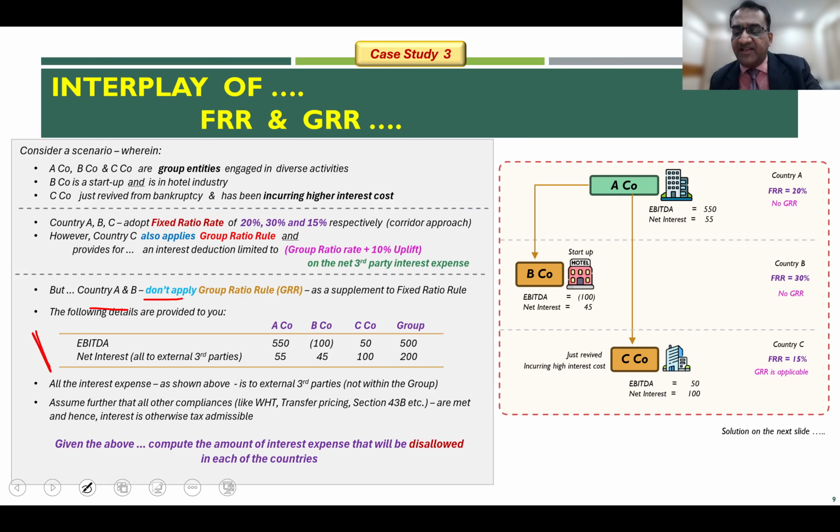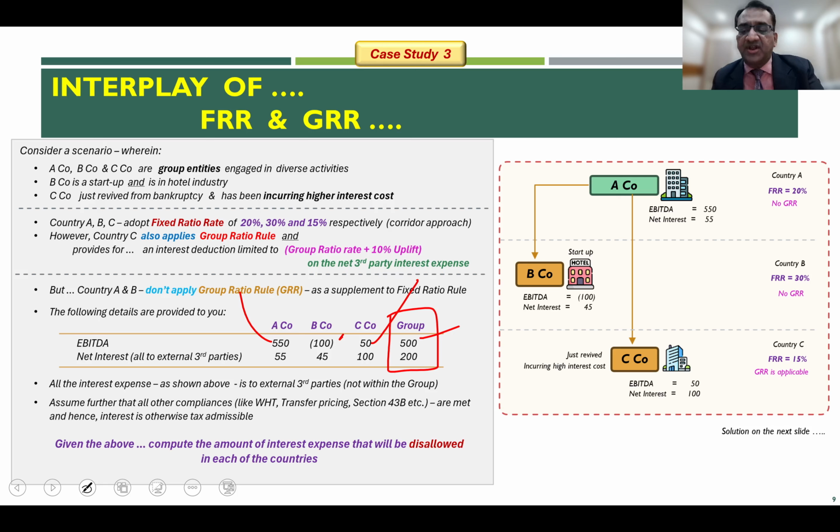Now, this is the financial information given to you for each of the three companies and for the group. The group is a sum total. If you can see here, EBITDA for ACO and CCO is positive, but BCO is incurring losses. It's negative. So, the total EBITDA from a group perspective is 500, which is given by ACO and CCO and offset by losses from BCO.